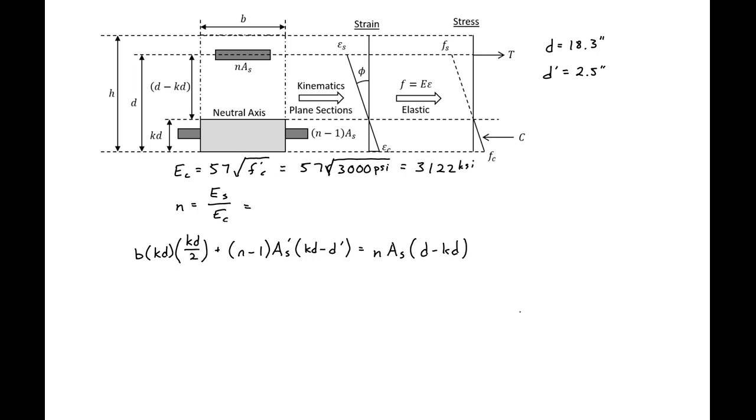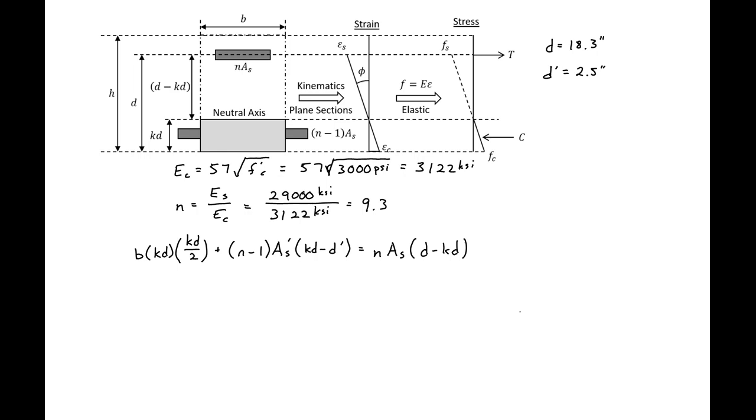We can then find our modular ratio, which is 29,000 ksi divided by 3,122 ksi, which will give us an n of 9.3.